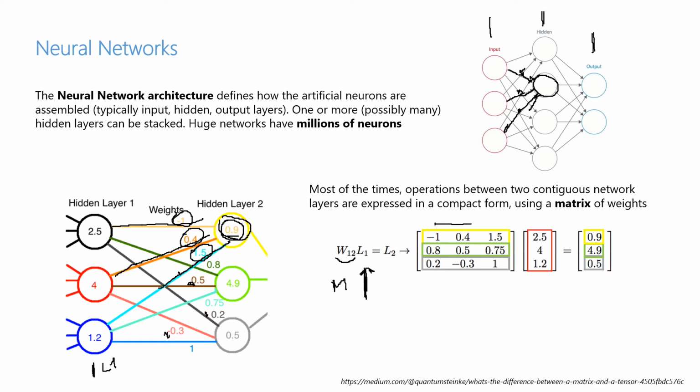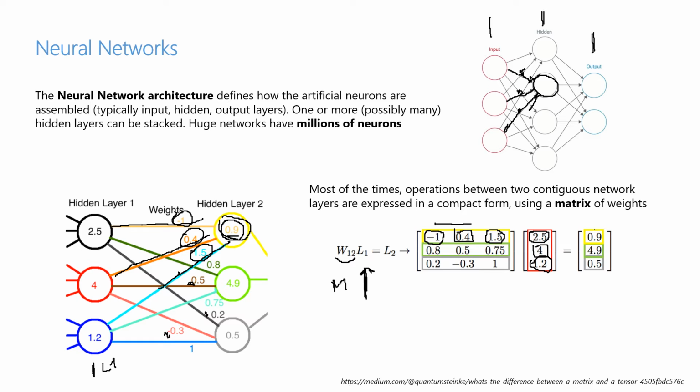If we take all the elements in this row and multiply the first by the first, and then the second by the second, and the third by the third, and we add everything up, we get 0.9.